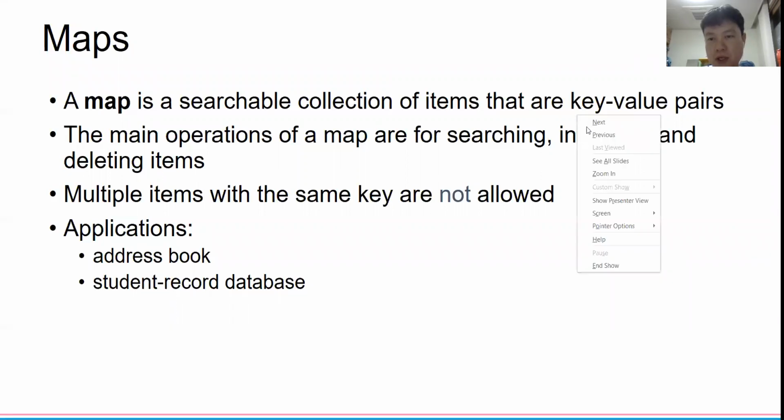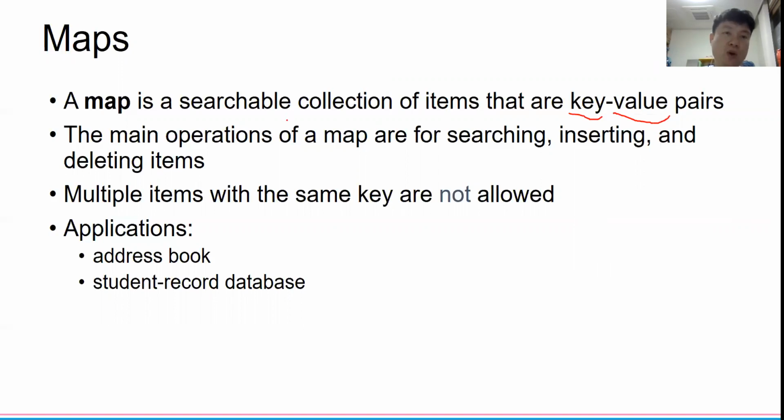You already learned about the dictionary, I think at the beginning of learning Python. We have the key and value pairs. The main operations of a map are searching, inserting and deleting items.